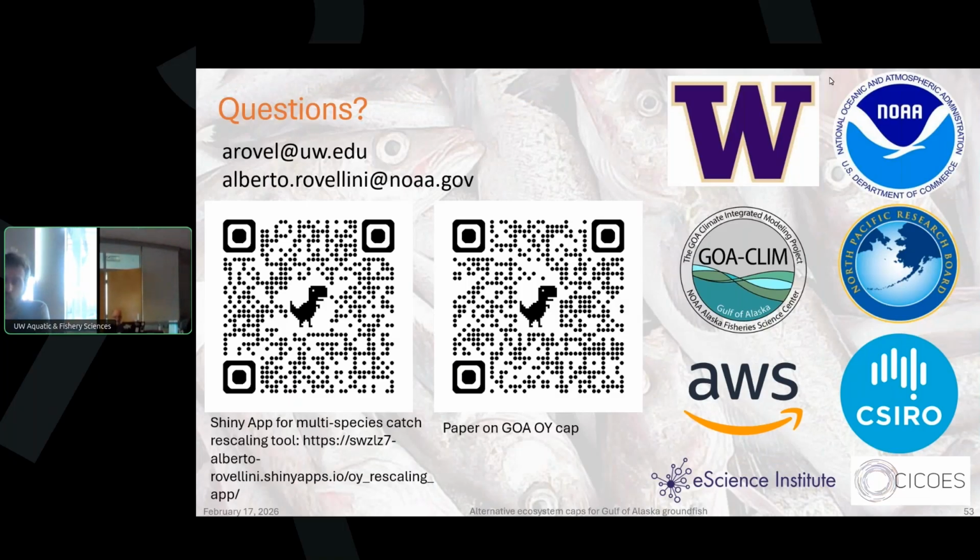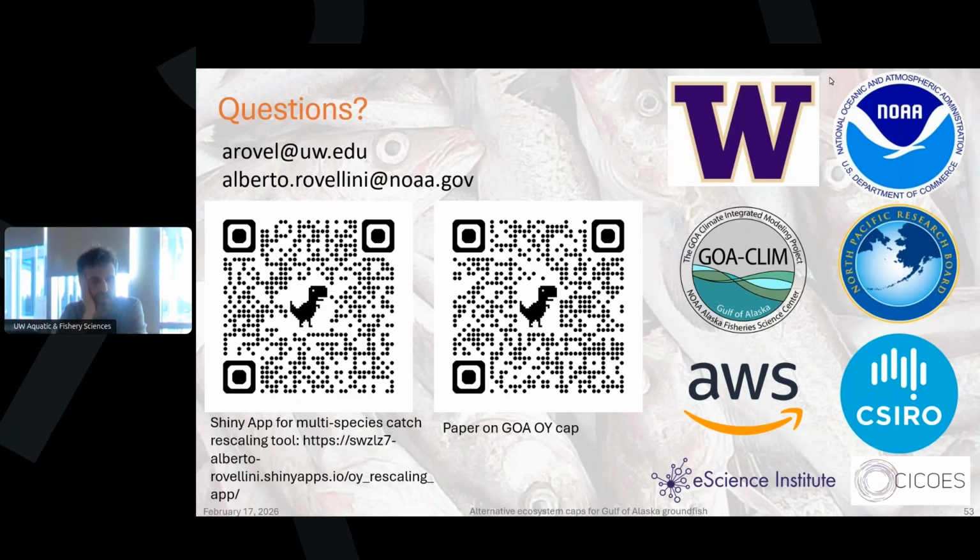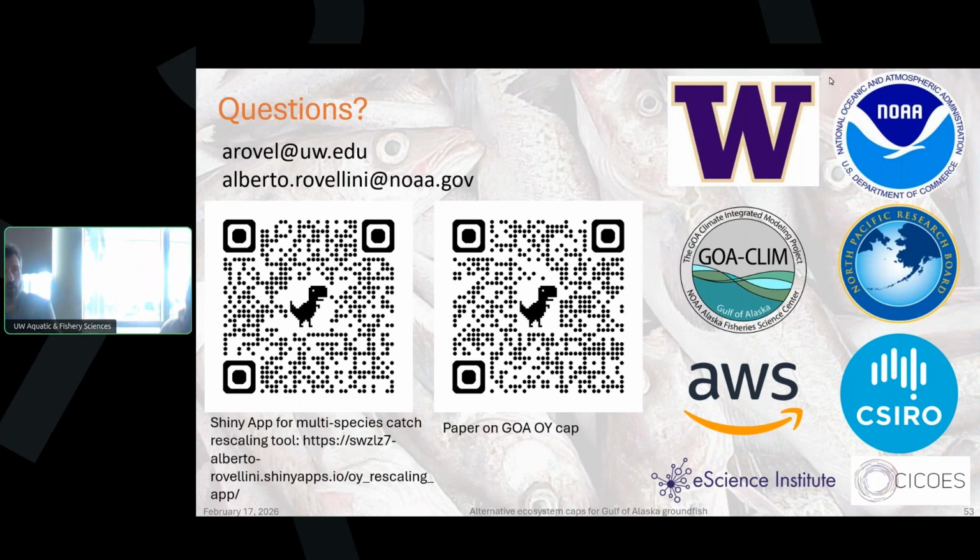Right, and no, you're totally right. We tend to always look at the key three, four stocks, but there's a lot more than those. And when you look at total biomass of the whole complex, those are big contributions. It's a data limitation in part, and in part there's no need for full complex assessments on a regular basis for some of these non-target stocks.